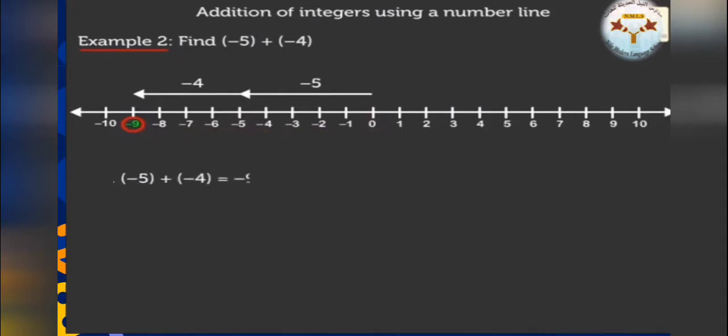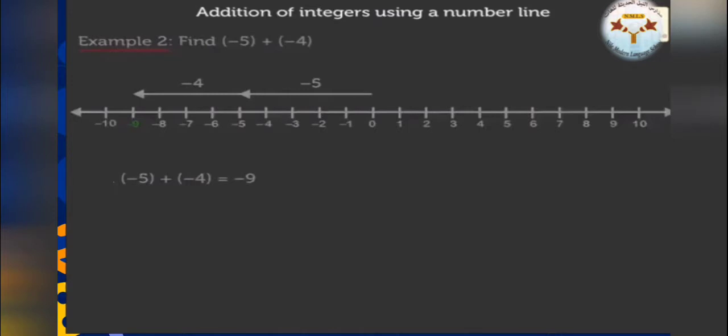This movement takes you to negative 9. So negative 5 plus negative 4 equals negative 9. So the sum of two negative integers is a negative integer.